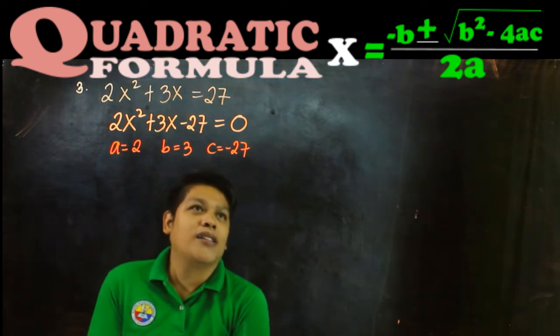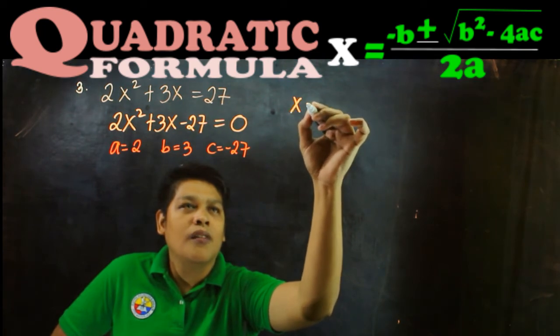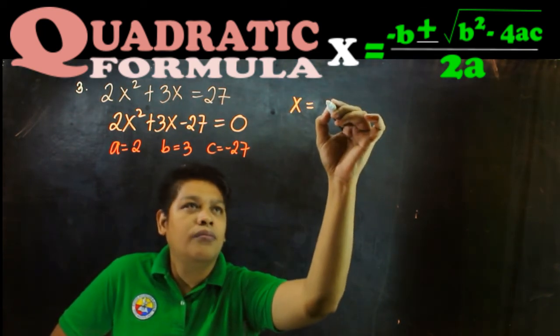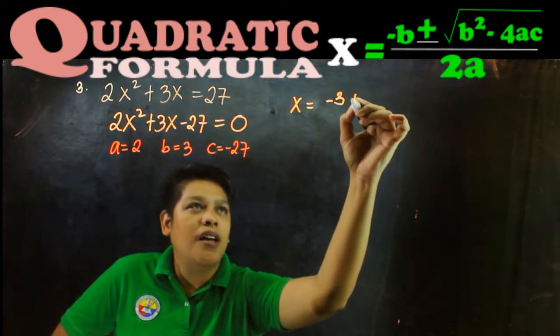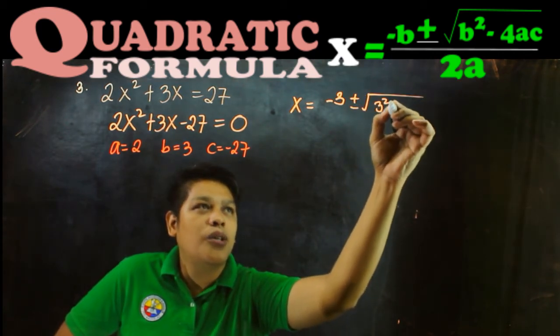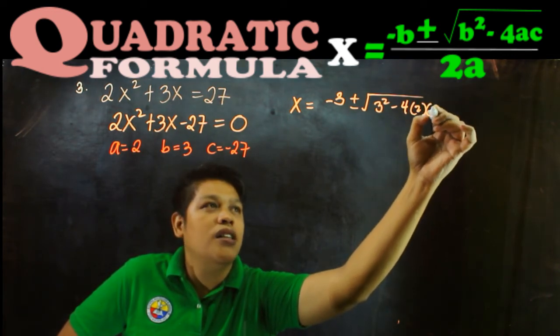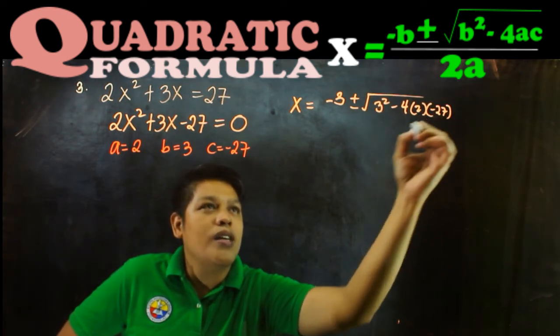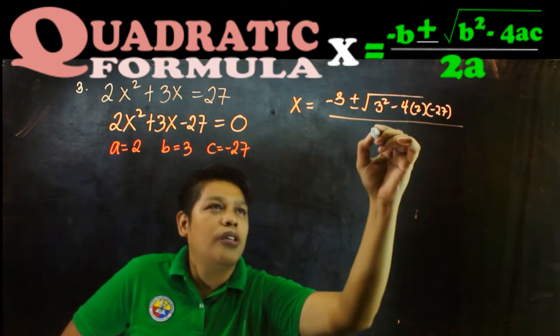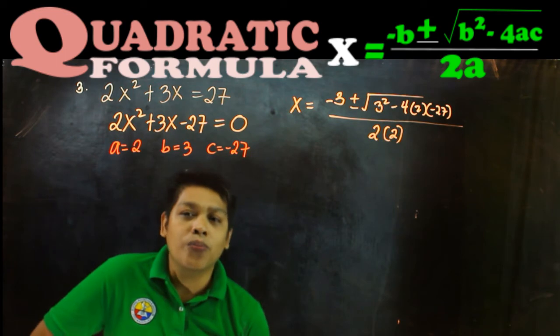Yung mga value natin. So, ngayon, x equals negative 3 plus or minus square root of 3 squared minus 4, a is 2, c is negative 27, all over 2, what is a? 2, no?